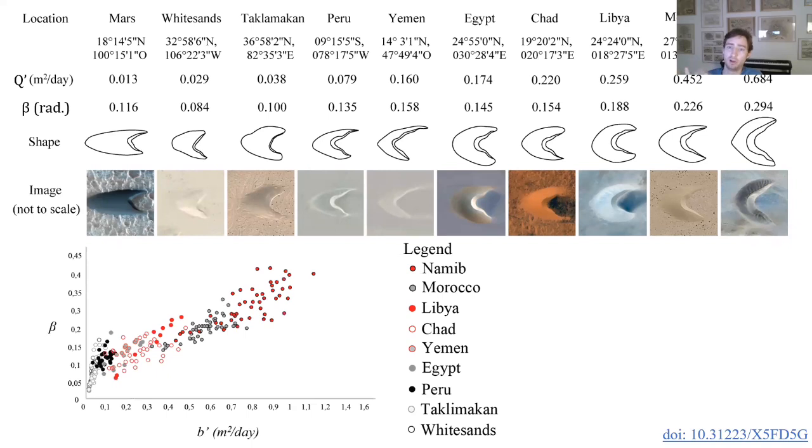In the plot you see on the bottom left, you can see that this relationship is very, very nice. It's very universal, and it exists even within dune fields and also across different dune fields. That's quite exciting, because we can use measurements of the windward angle to estimate the volume flux. And from volume flux, we can estimate the speed of the dune.